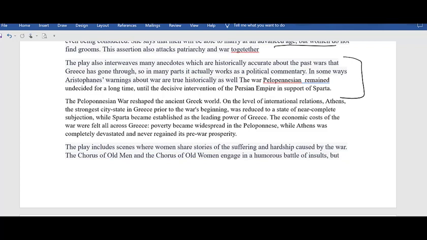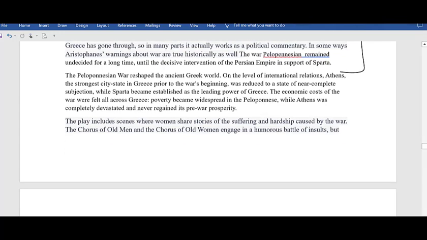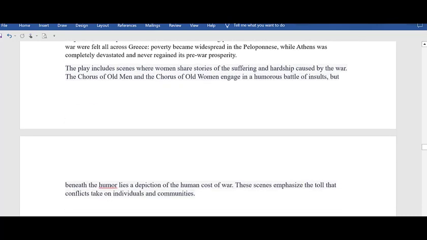So it's not just a part of fiction. It does have a figment of reality. You have to look at those aspects to understand this as a political commentary, as a satire as well.